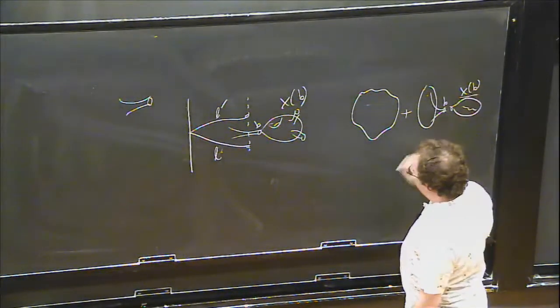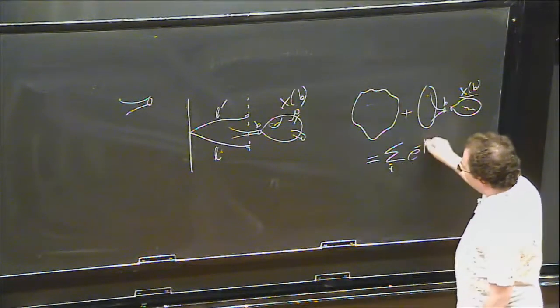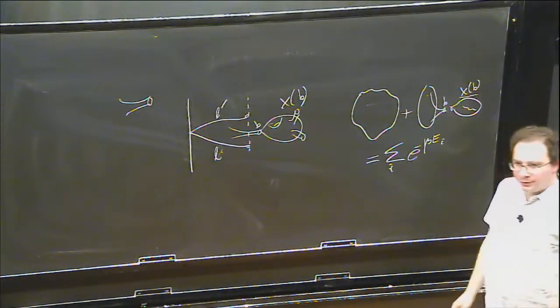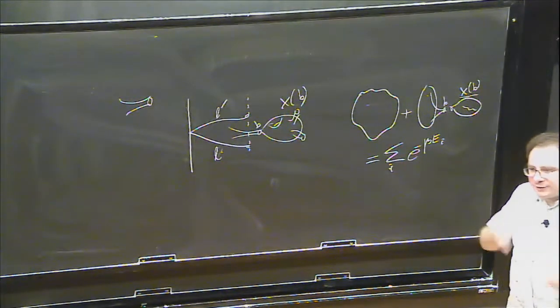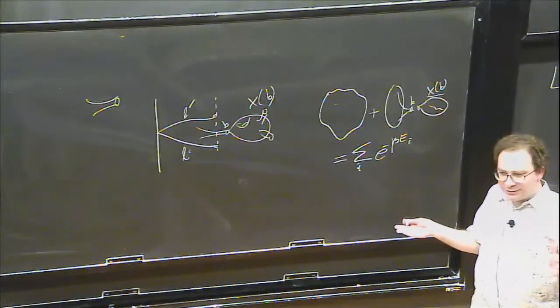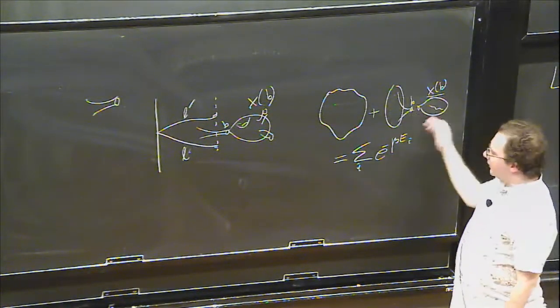Suppose we have a magic x of B where this equals a sum over a discrete set, e to the minus beta E_i. I don't know a 2D theory with some branes which gives me such an x of B. Of course, we can find such functions, but I don't know how to get them from some sum over topologies.